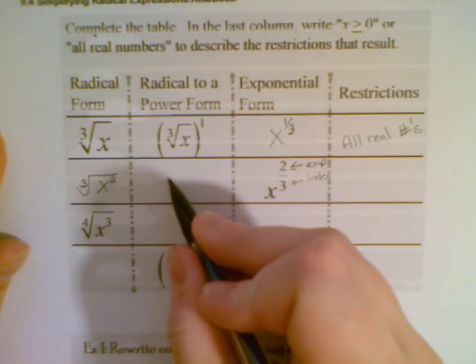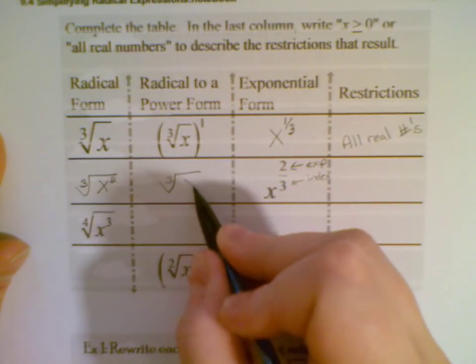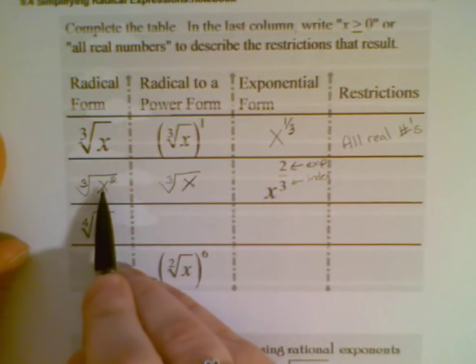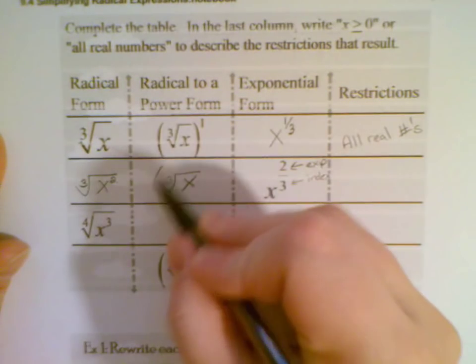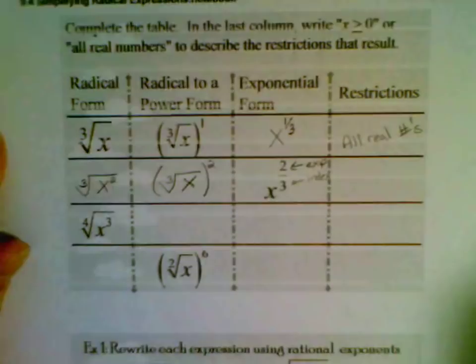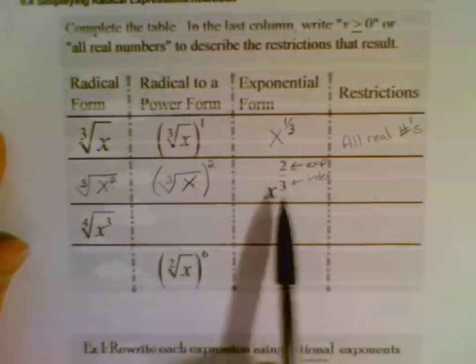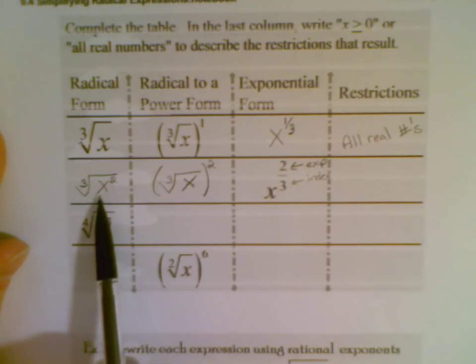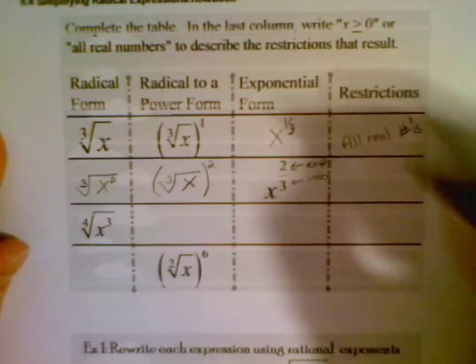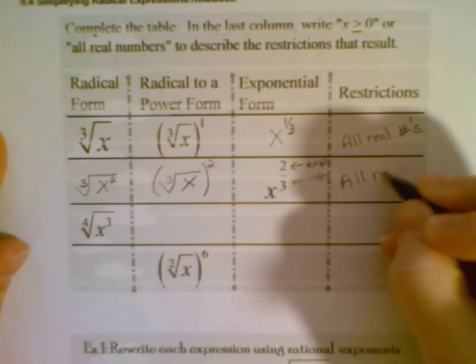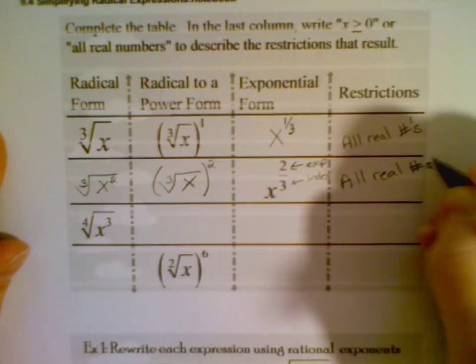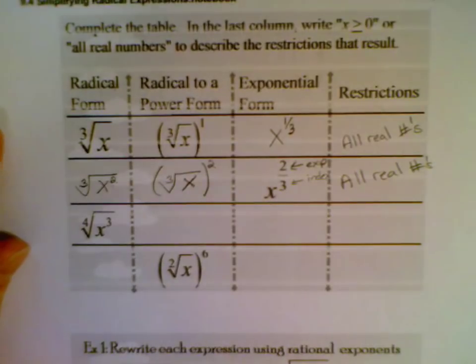If I write it in power form, it doesn't matter if the squared is on the inside or if I take the whole thing to the second power. So this is power form, this is exponential form. Since this is a cube root, again, I'm looking at all real numbers because I can have negatives in my radical.